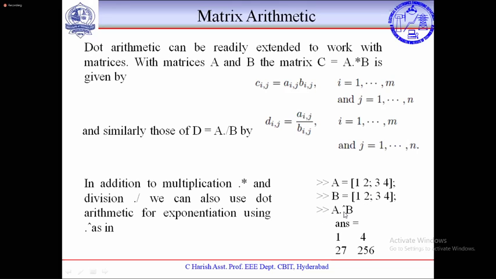It will be element-wise power: 1 power 1, 2 power 2, 3 power 3, 4 power 4. When both matrices have the same dimensions, it will take this. If the dimensions are mismatched, the function will not agree and a dimension mismatch error will be generated.